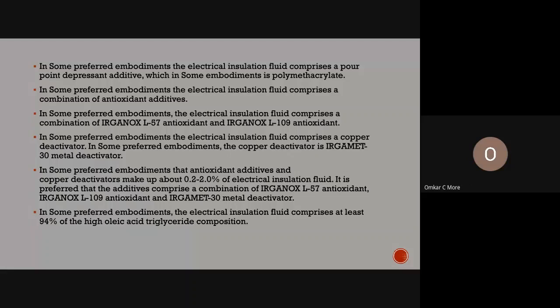There are various other embodiments, because as you know, an insulation fluid or any other liquid required for insulation is not particular to one machine or model. It should suit everything from a basic machine to a high level machine.